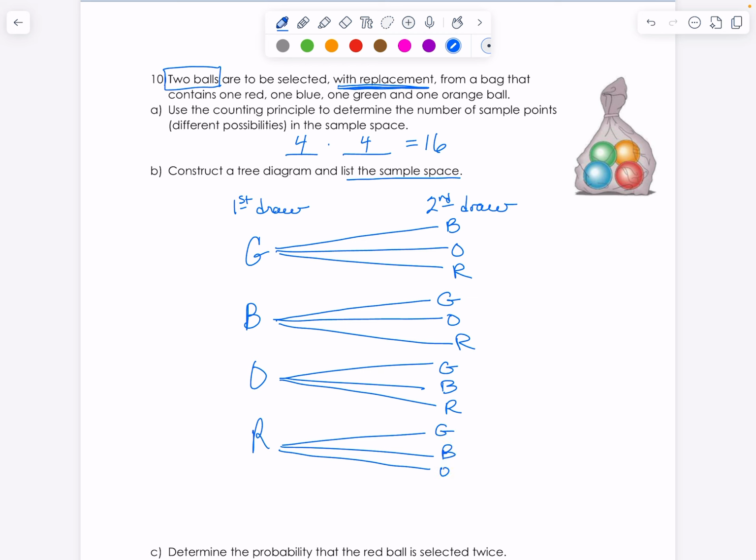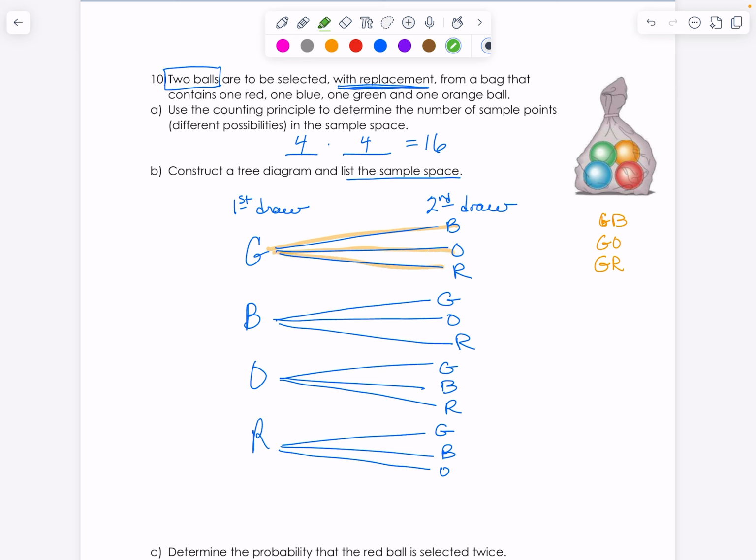Okay, so let's draw out our sample space. So our sample space says I would have green and then blue, green and orange, and green and red.